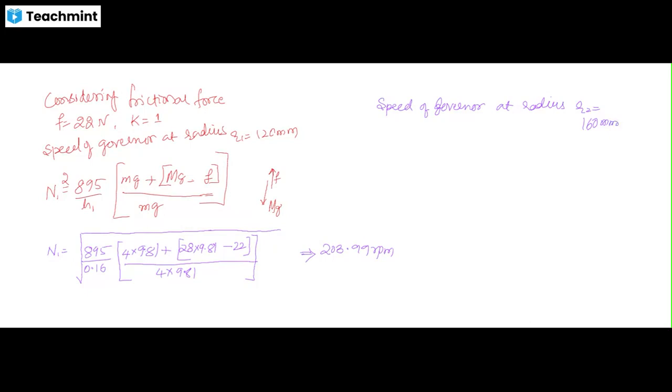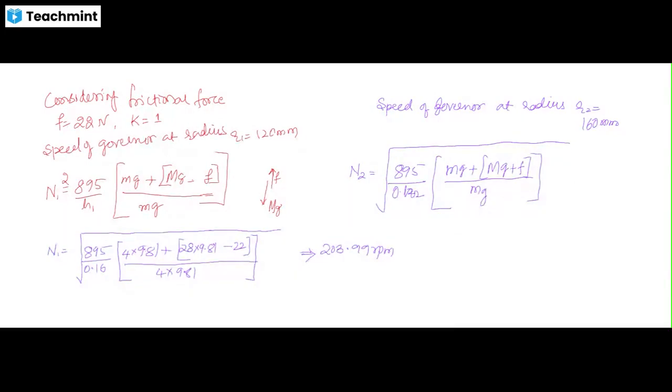Now N2 equal to square root of 895 divided by 0.12. You can write the equation first, so it is going to be helpful for what value we need to substitute. Now in this case, you go for a positive plus because when the sleeve tries to move in upward direction, the frictional force is going to act in downward direction.